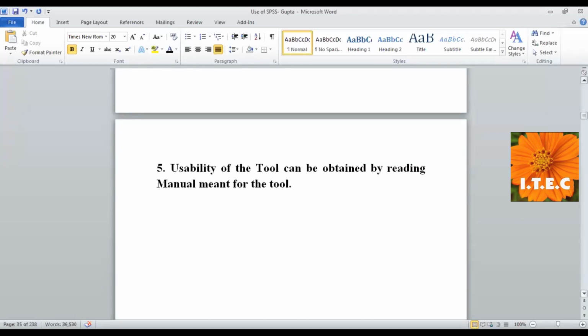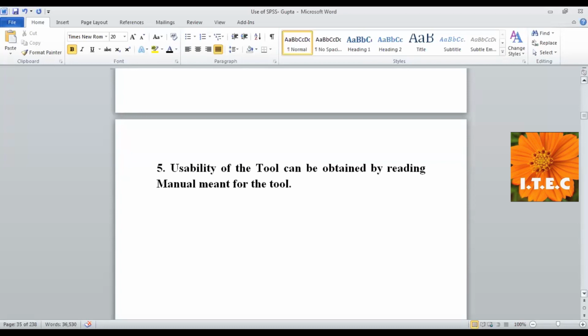So the instruction, the time that you will give to the person to write the answers, the scoring, the reliability, the validity, etc. The tool will have the 4 characteristics: reliability, validity, objectivity, and usability.